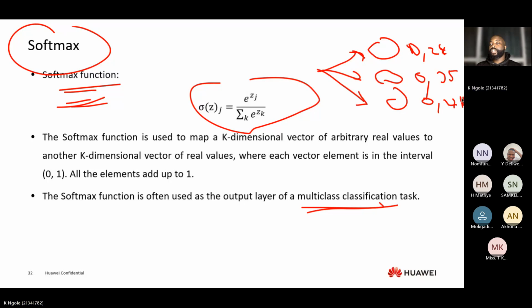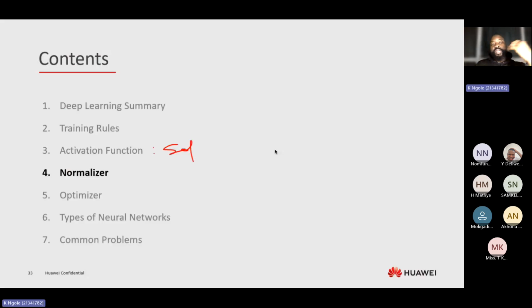Okay, so you have this. This is done by the softmax. So the softmax will give us maybe 0.24 for the mango, 0.35 for the orange, and 0.41 for the apple. Therefore, this fruit is an apple. Okay, because of that. So that's what the softmax function will do.